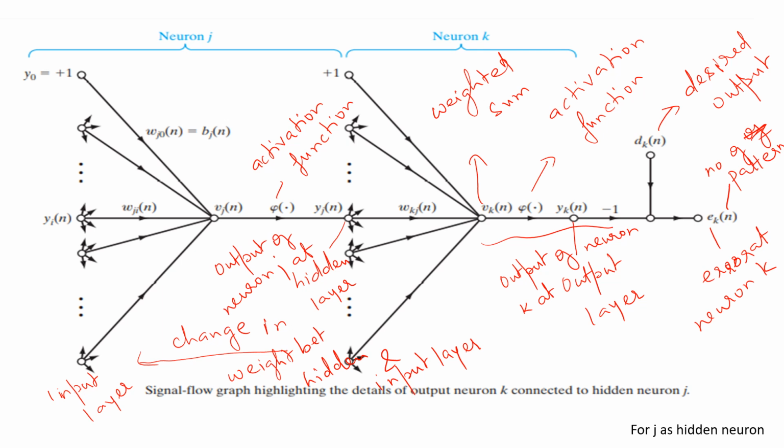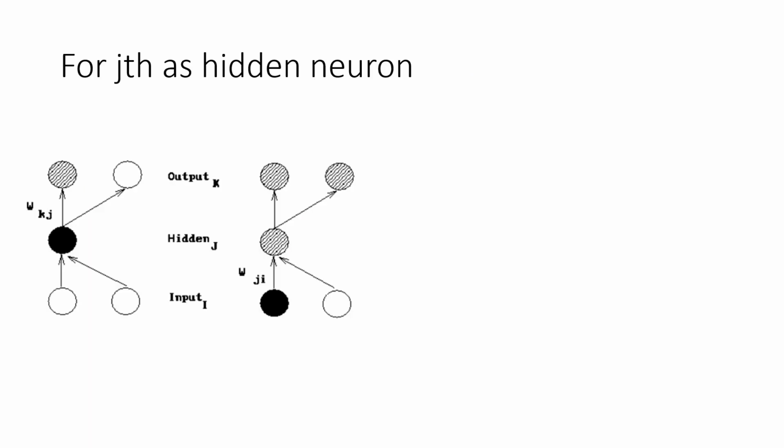Okay, so now go for the derivation. So here is the smaller portion of that. Now my output neuron is the kth neuron, hidden is the jth neuron, input is the ith neuron. And previously we did the weight change kj. Now we'll do the weight change ji.